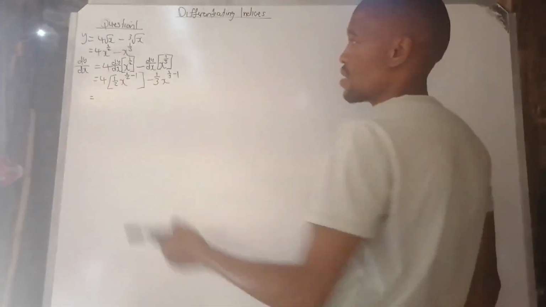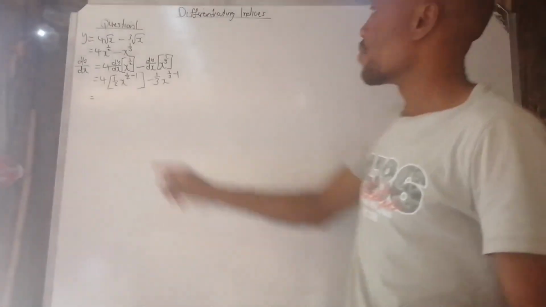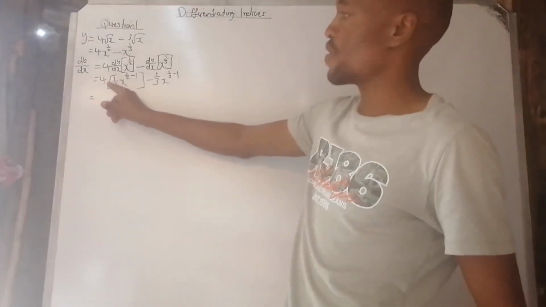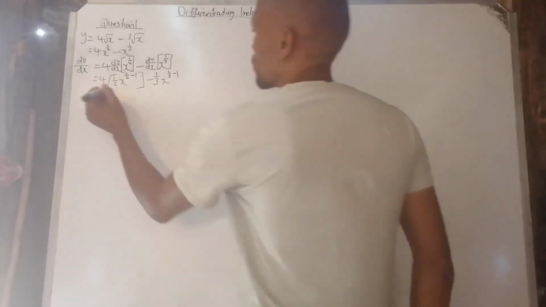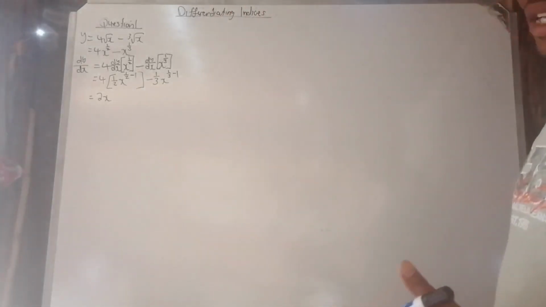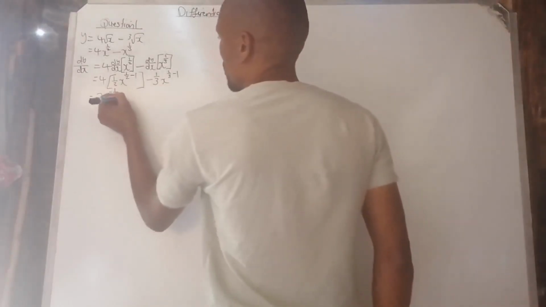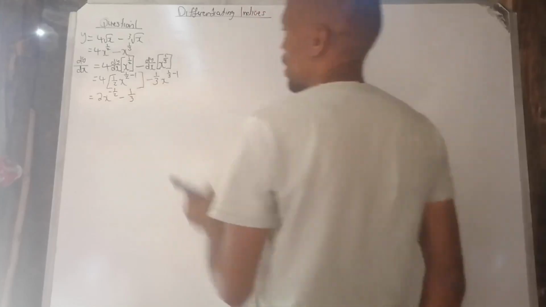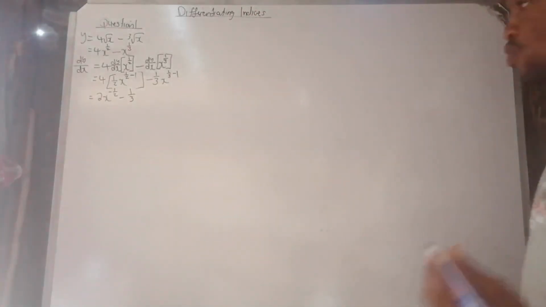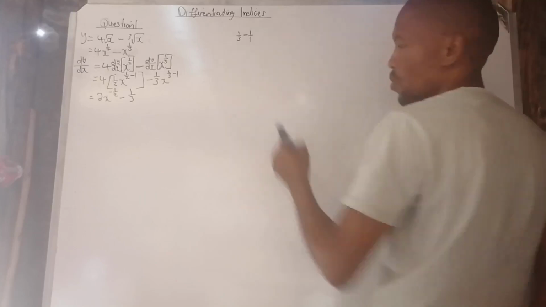And then from here, let's try to simplify this. We can say here 4 times 1/2, that should give you 2, because 4 times 1 is 4, divided by 2 is 2. Now I have 1/2 minus 1, that should be minus 1/2. Minus, you have your 1/3. So from 1/3 I subtract 1. So I can say 1/3 subtract 1 over 1.